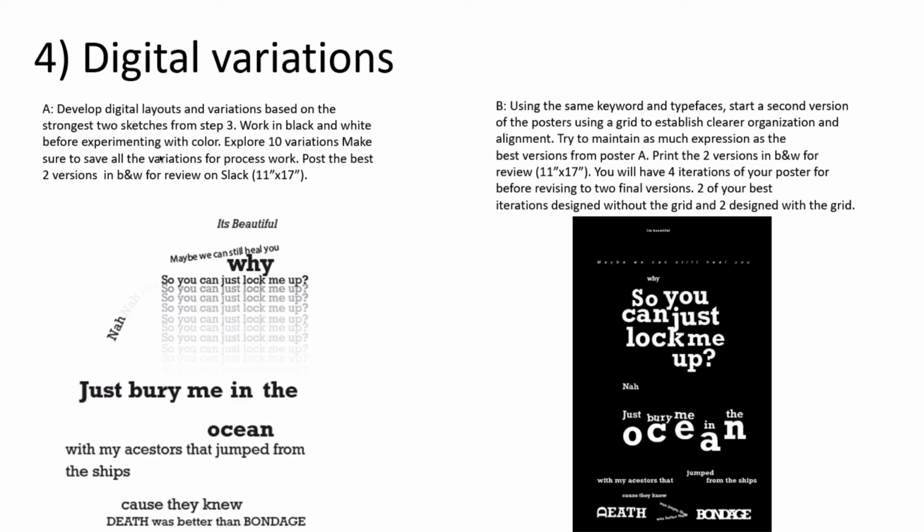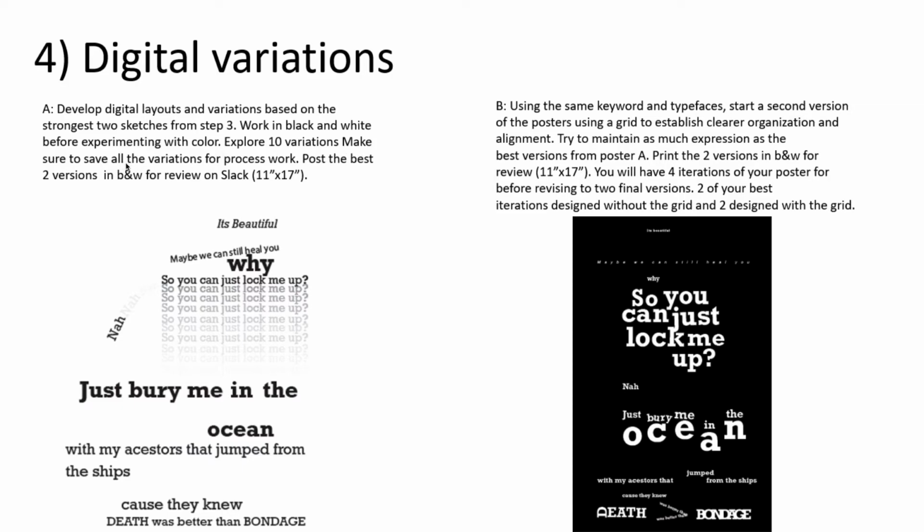Then digital variations. So remember you have two different posters that you're going to be submitting. A: develop digital layouts and variations based on the strongest two sketches from step 3. Work in black and white before experimenting with color. Explore 10 variations.